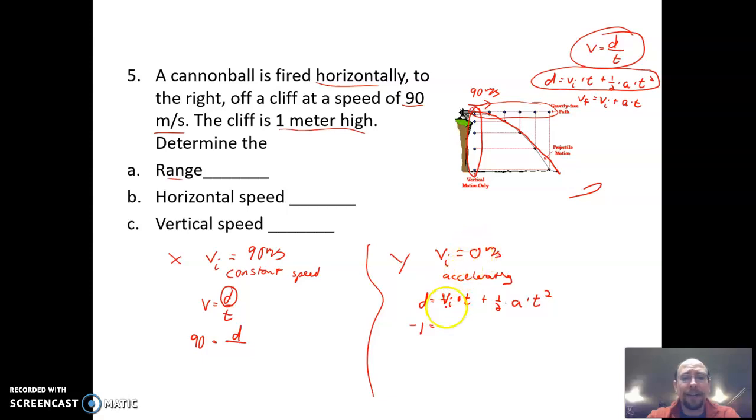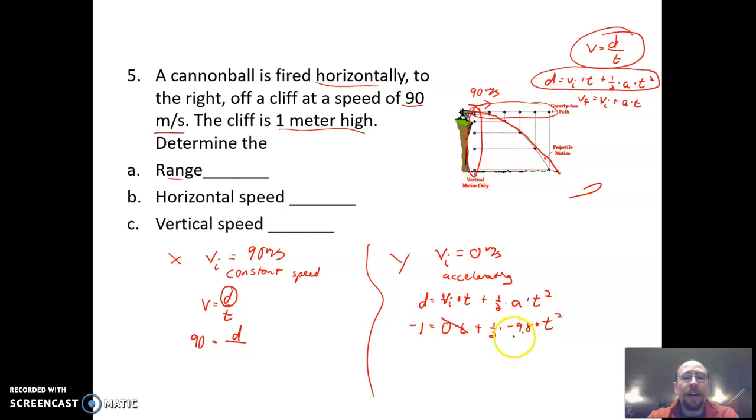On our y side, the initial speed is 0 times t, but 0 times anything equals 0. So we don't have to worry about this part. Plus 1/2 times acceleration. The acceleration is from gravity, so it's pulled down at -9.8 meters per second squared times t squared. And we're going to solve for the time.